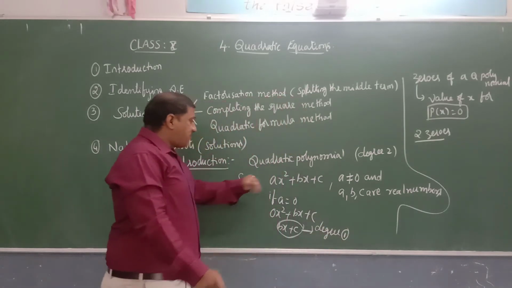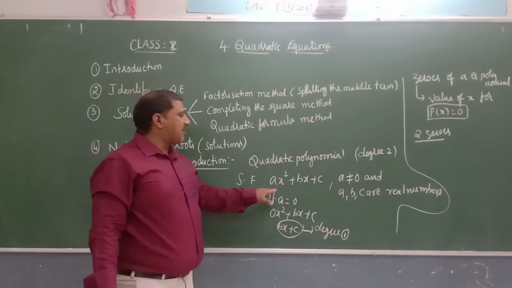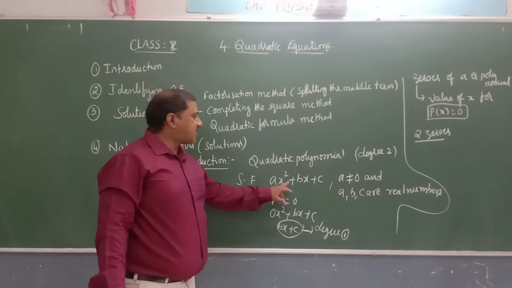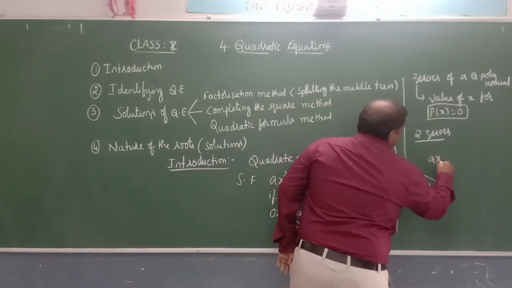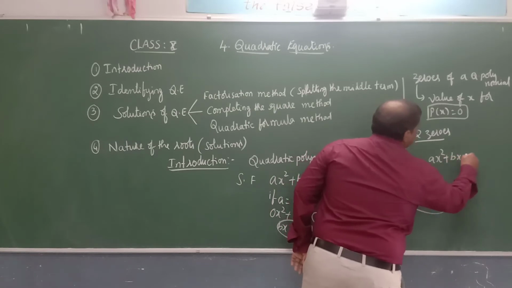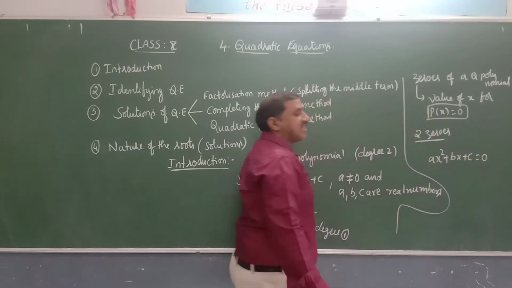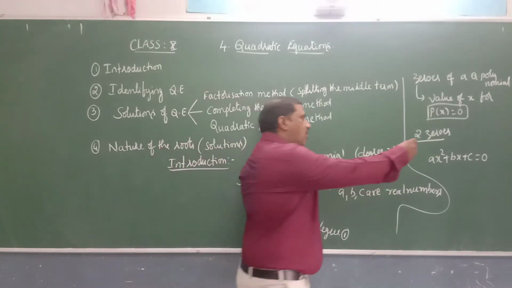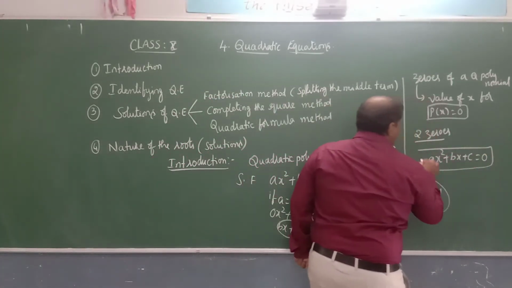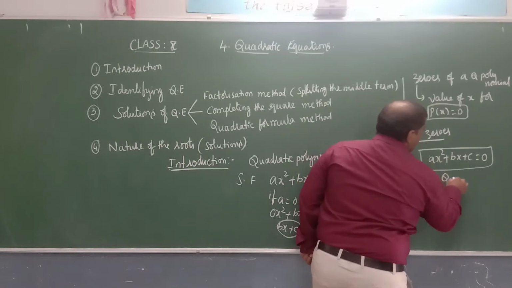Now if this quadratic polynomial ax square plus bx plus c is equated to 0, then we call this equation a quadratic equation.